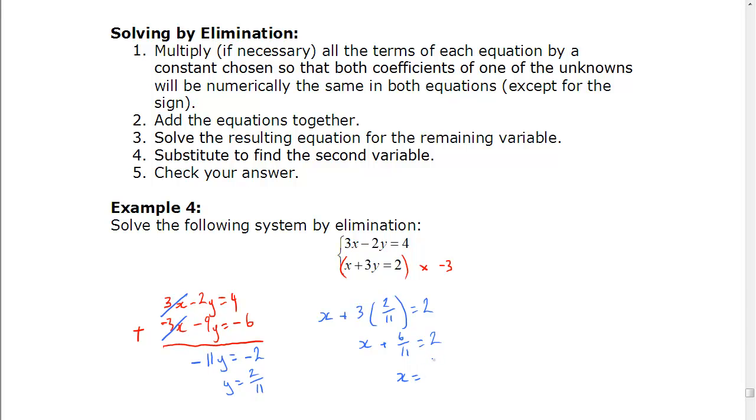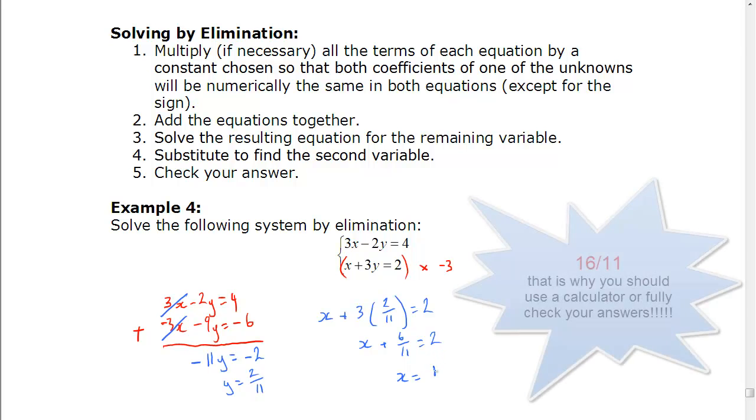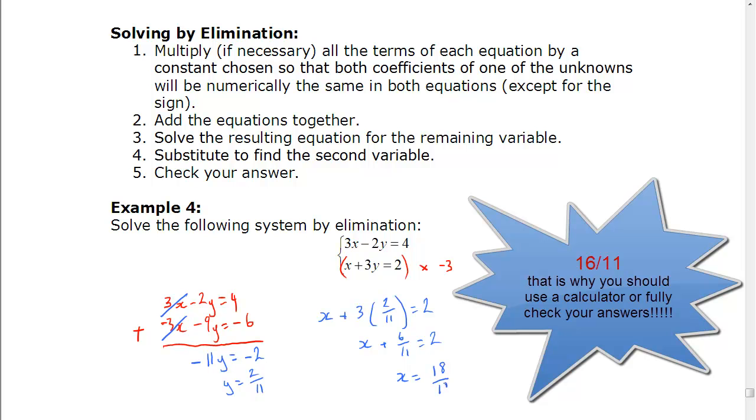And you can do that on your calculator or check it by getting a common denominator. Either way, the answer is 18 over 11. So there's your x, there's your y, and if you plug x and y into each of the equations above, you'll find that it works in both equations, so we have the correct solution. So that's solving by elimination.